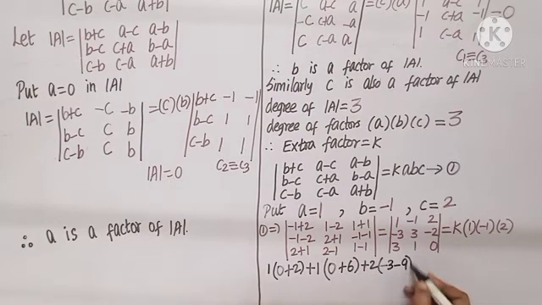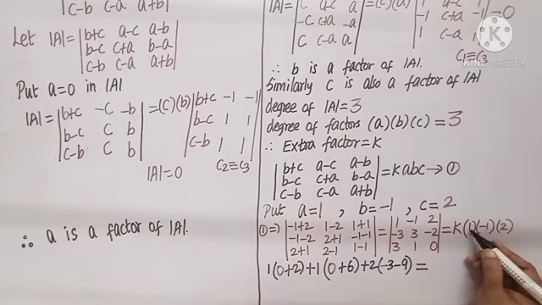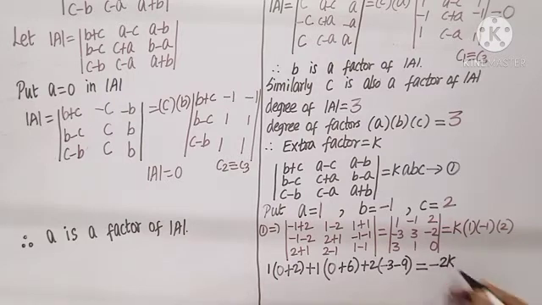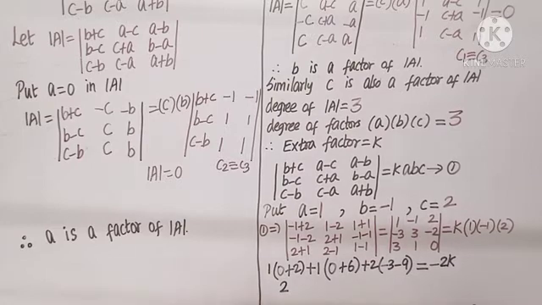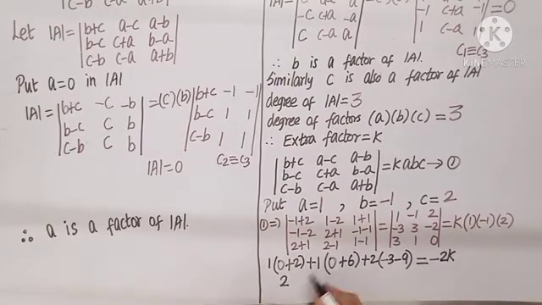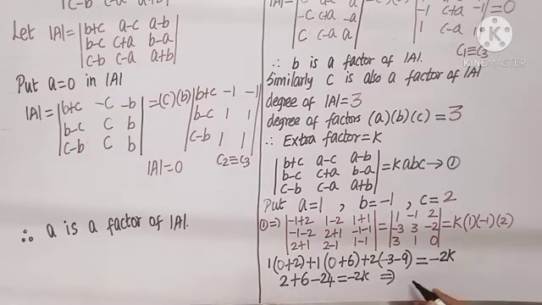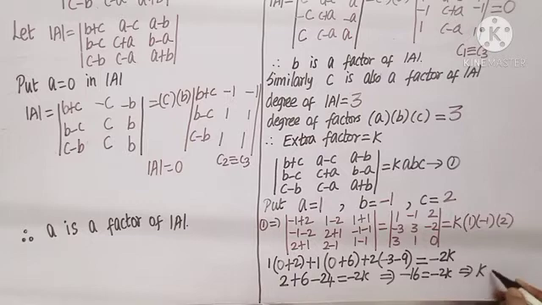You should know to directly expand without writing the steps by now. 2 into minus 1 into 1 into k, it is minus 2k. Or we get 2 into 1, 2. 6 into 1, 6. Minus 12 into 2, minus 24, that is minus 2k. I get minus 16 equal to minus 2k, or k value is 8.